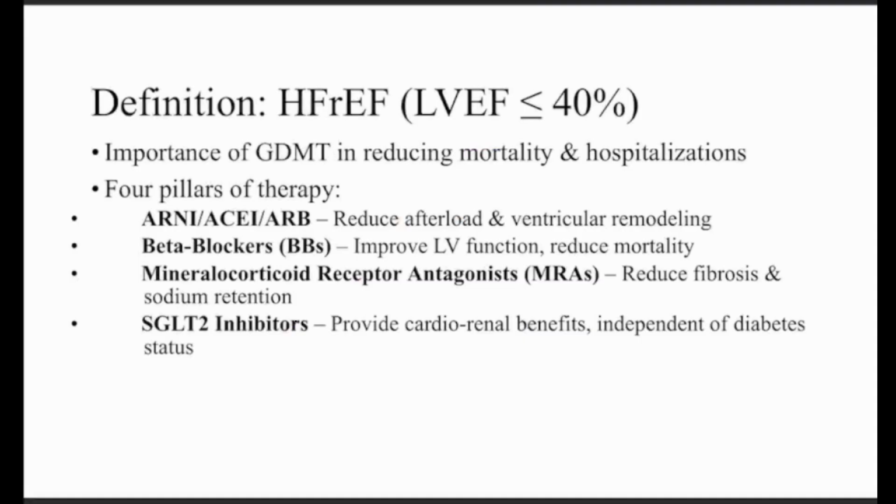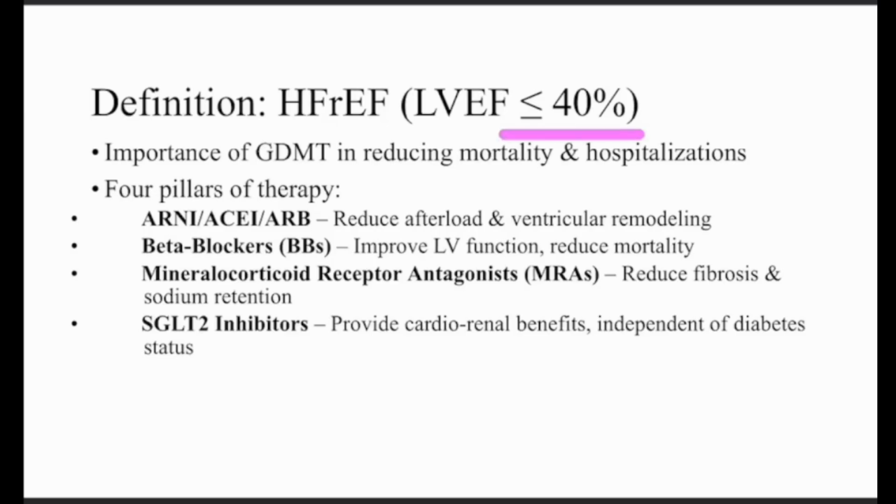So this is the basic classification. Suppose the patient had an ejection fraction less than 40% and it has improved to more than 50%, you call it heart failure with improved ejection fraction. So the management of heart failure we are going to discuss is heart failure with reduced ejection fraction, that is less than 40%.